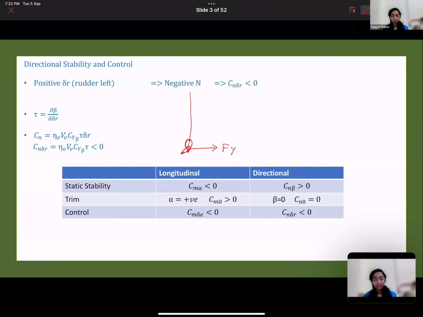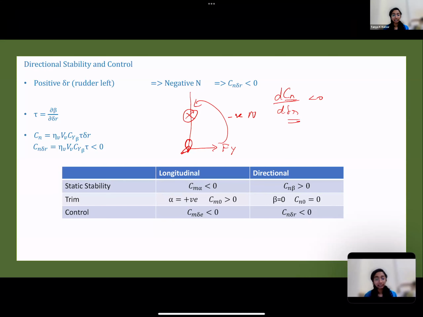This Fy is positive. About this CG, it produces a negative yawing moment. So dCn by d delta r is less than 0. For positive rudder, the moment produced is negative, which is why Cn delta r is negative.